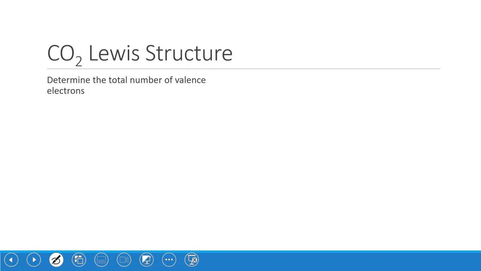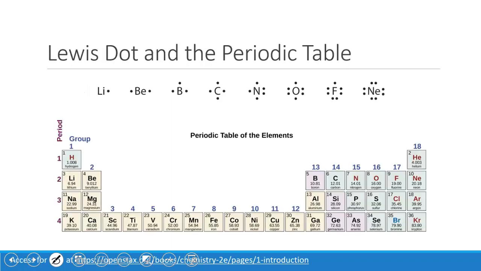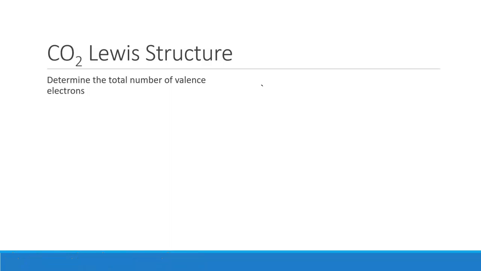The next structure we'll look at is CO2. Remember, the first step is to determine the total number of valence electrons, and that comes from the periodic table, where carbon has 4 valence electrons and oxygen has 6.